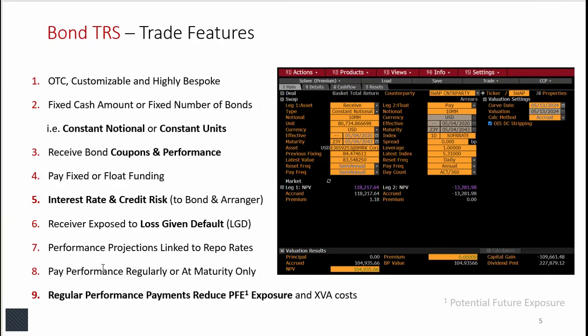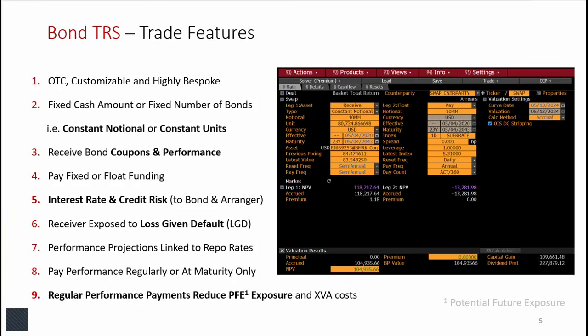Now, if we choose to pay performance with the coupons, those regular performance payments reduce the potential future exposure of our trade and reduce XVA costs and credit valuation costs, because instead of accumulating a very large performance payment until the end of your TRS, and running the risk of counterparty default, we could choose to restrike the performance aspect of our trade and reset that every coupon period, and that would reduce the PFE exposure and reduce the credit costs.